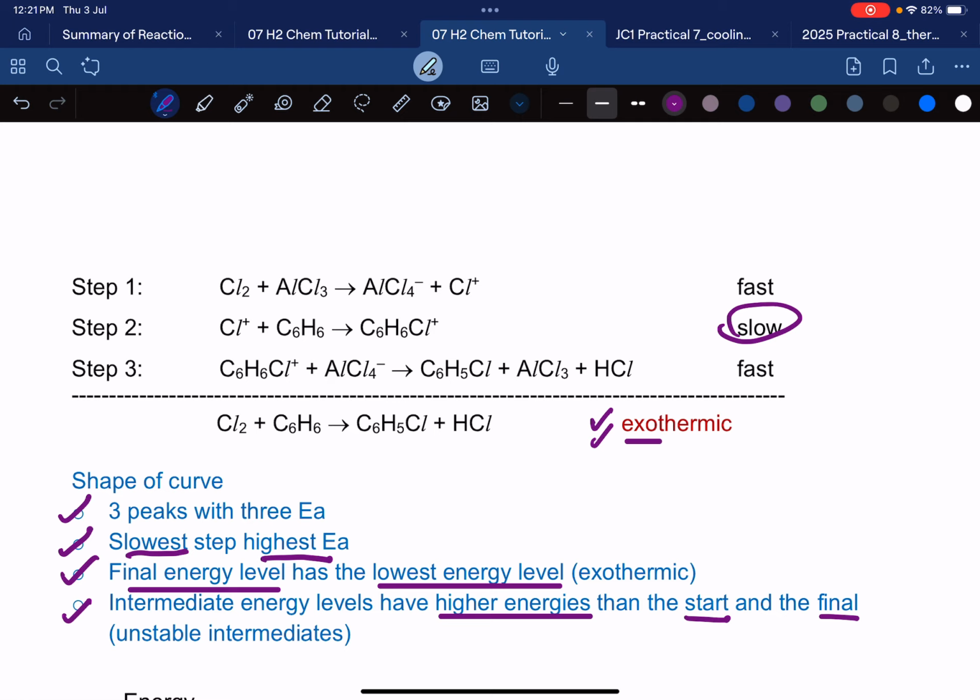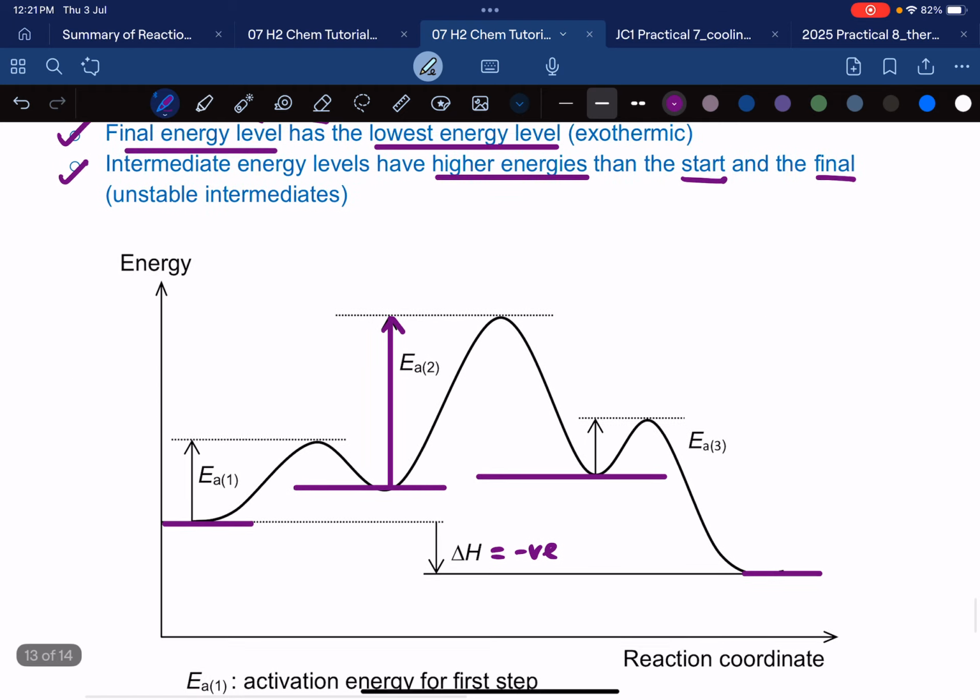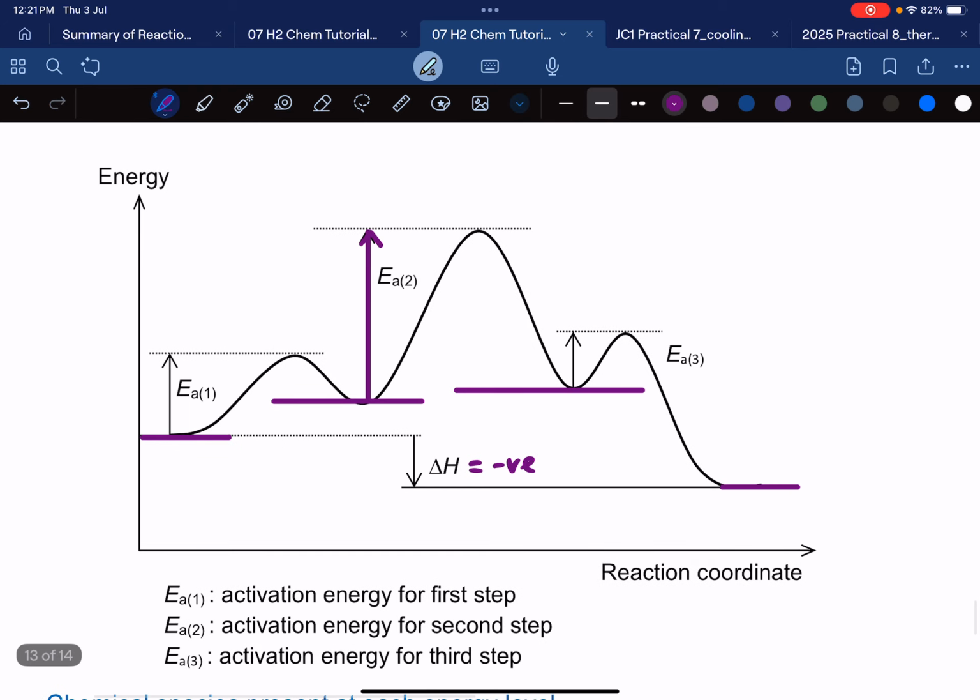So with all this in mind, this will be the shape of the graph that you should have. We are plotting a profile diagram with the y-axis being the energy and the x-axis being the reaction coordinate. You can see there are 3 humps. The highest hump is for the second step because this is the slowest step.